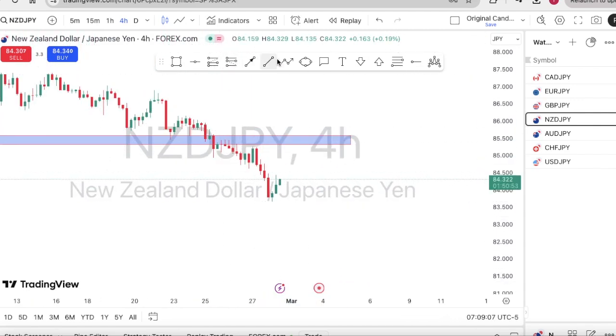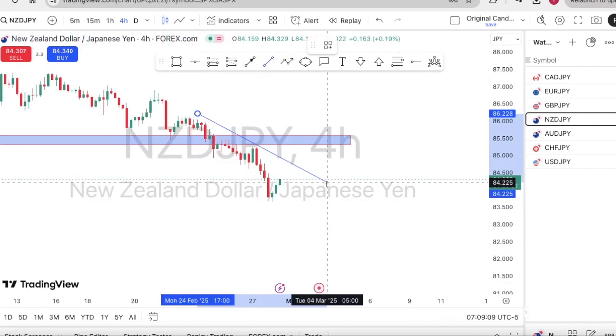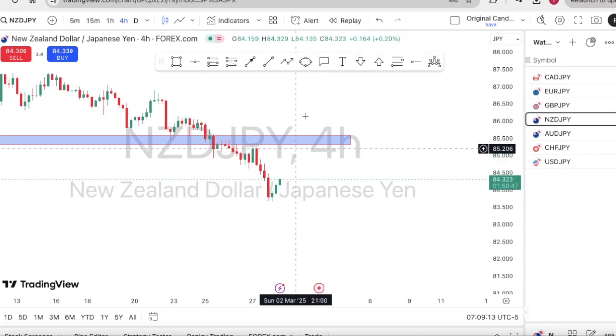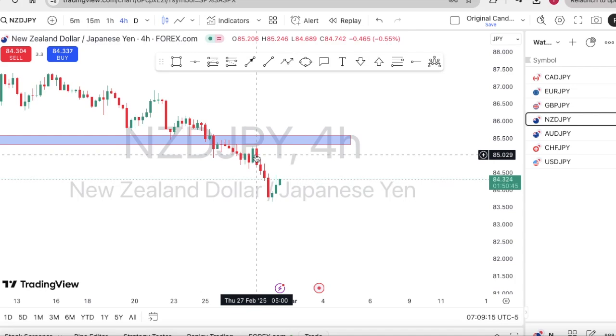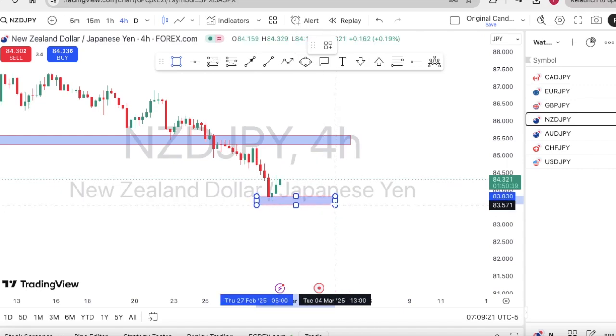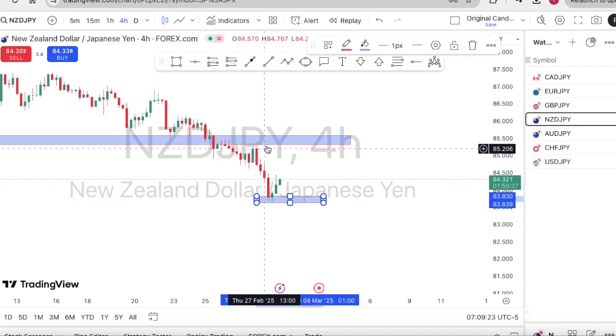We can see that we are still in a downtrend for the 4 hour, clearly a downtrend. I'll be waiting to see the market. This is the previous lows.